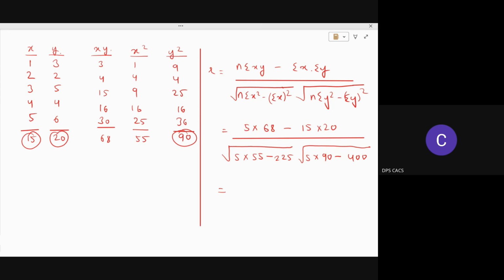Everyone please check. So basically it is coming as 40 by 50, which is 0.8. Any problem with the calculation, substitution, anyone?